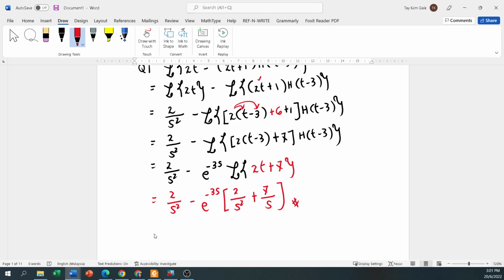If you want everything in terms of s squared, then for this term you need to divide by s, so you got minus e to the power negative 3s times (2 plus 7s) over s squared. So either this one or this one.